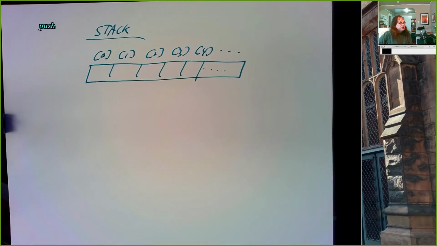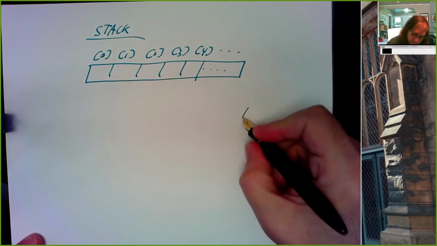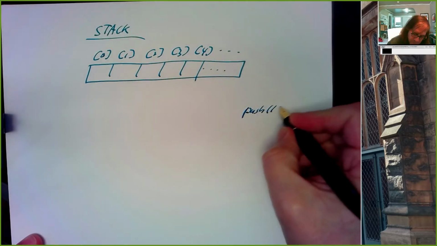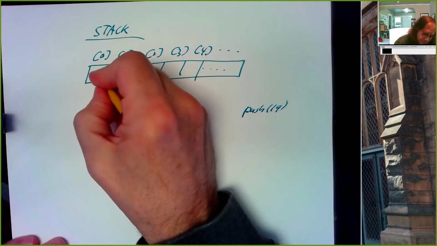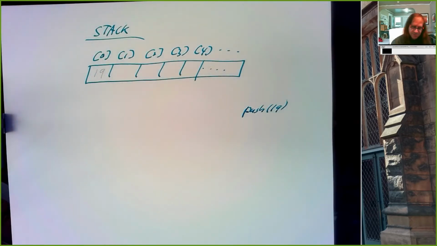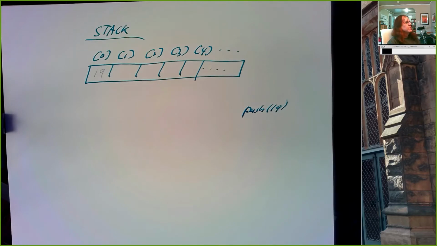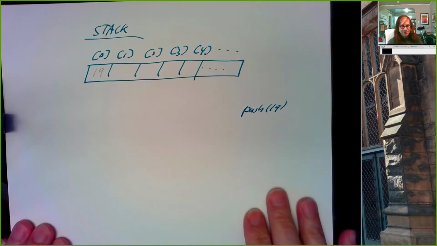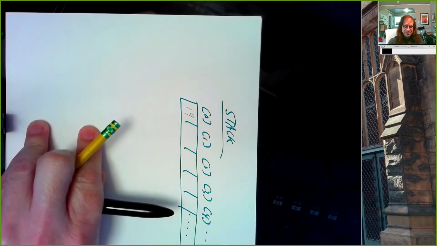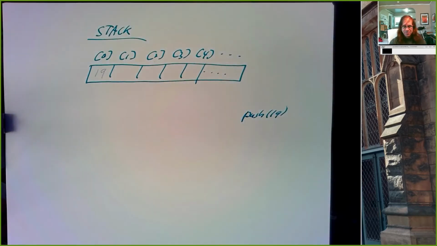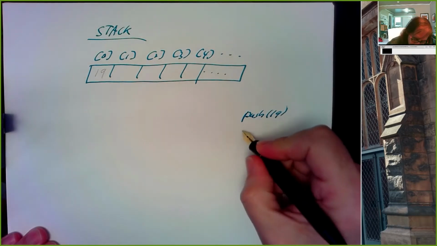So what does a push do? A push adds something to the stack. And let's say we want to push a 19. Well, we can just go ahead and we can put that 19 right here. And so if this was a vertical stack, we would be thinking of it like this maybe.